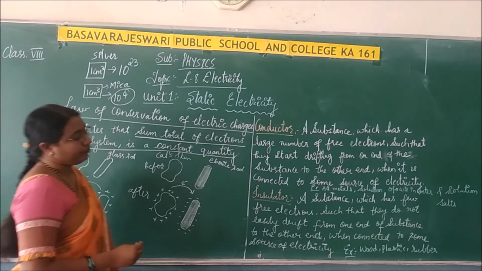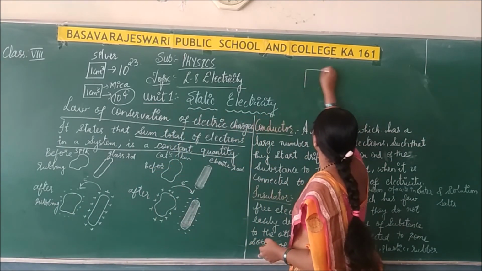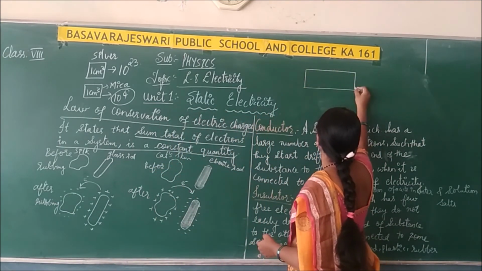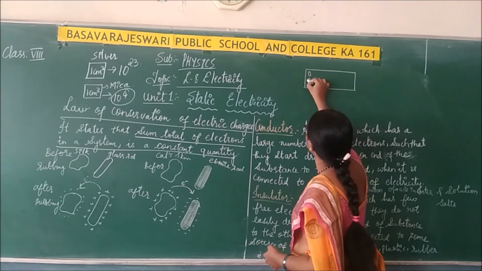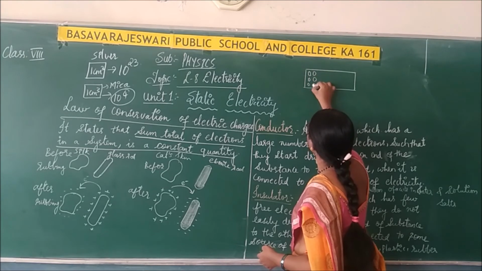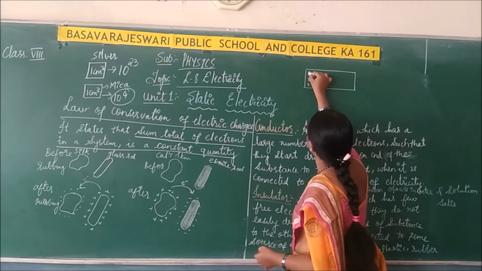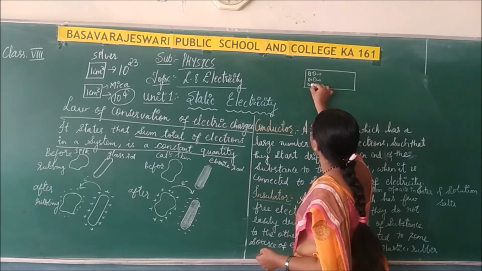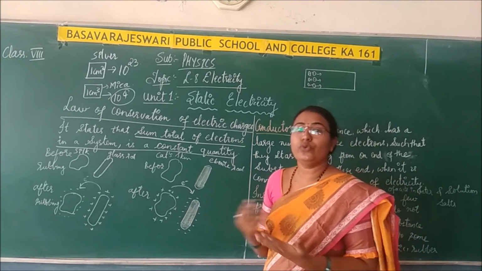Now, actually what happens? Now consider this is a copper wire. So now in this copper wire there are some electrons. These electrons, they won't sit quietly. They will be moving around.